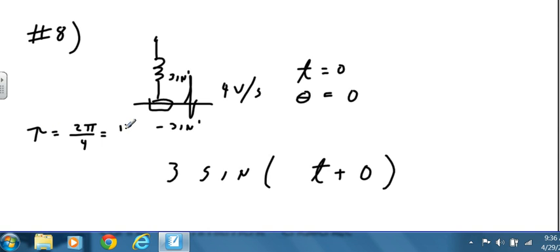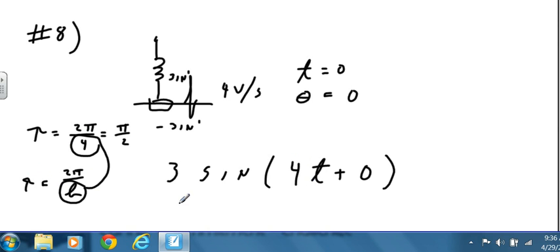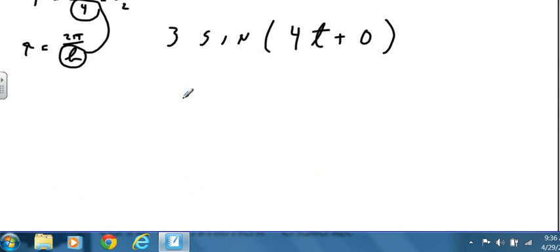So it'd be pi over 2 radians, because they go up and down and up and down. So if my period is 2 pi over b, what is b? 4. All right. So 3 sine 4t plus 0. We write that as 3 sine 4t.